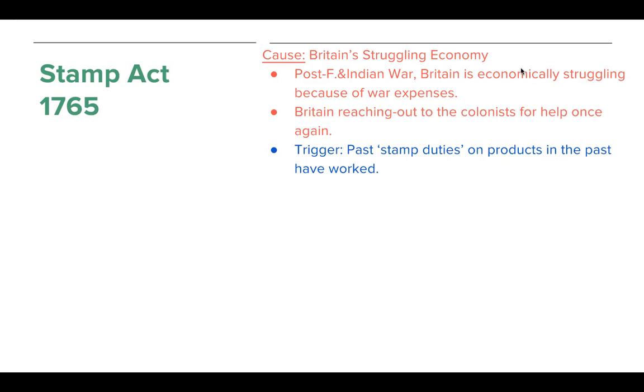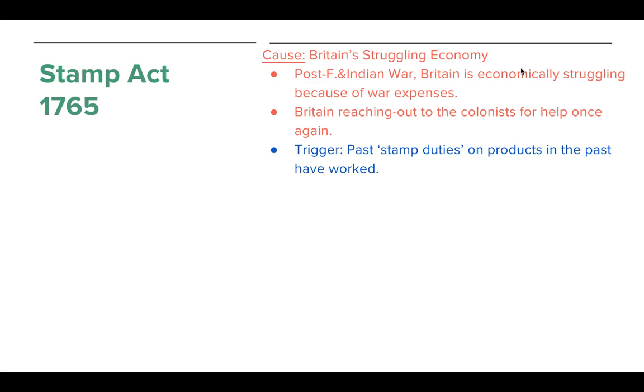And the trigger is that in the past, Britain has used these stamp taxes or stamp duties on products, like the duties that they put on wine and coffee because of the Sugar Act. Britain has put these taxes on the colonies before, and so they turn around and say, why don't we introduce a Stamp Act?